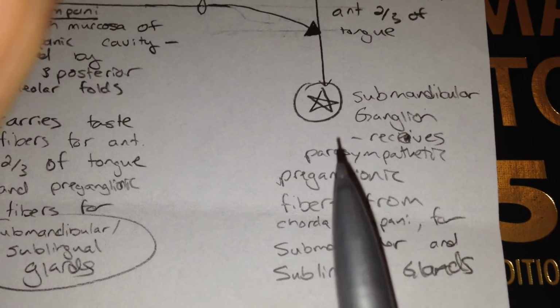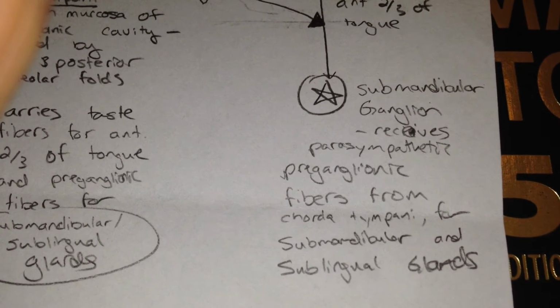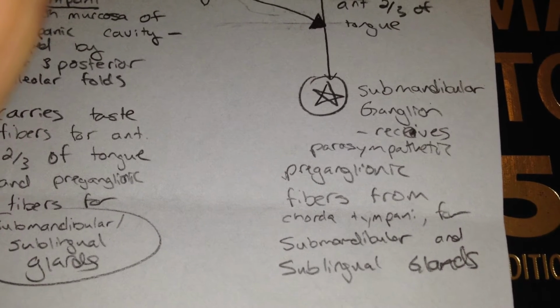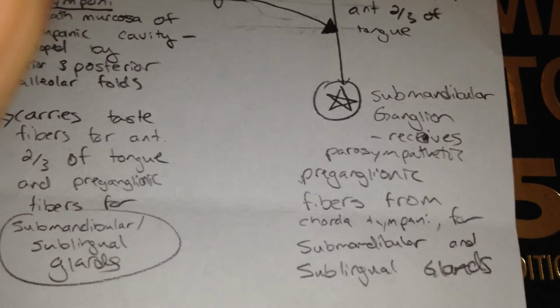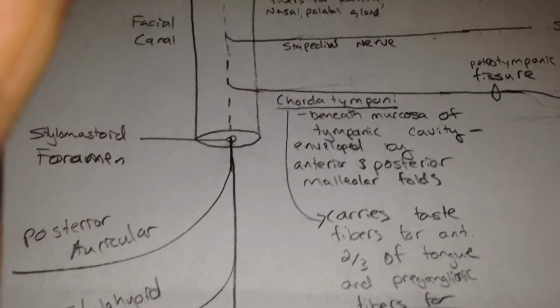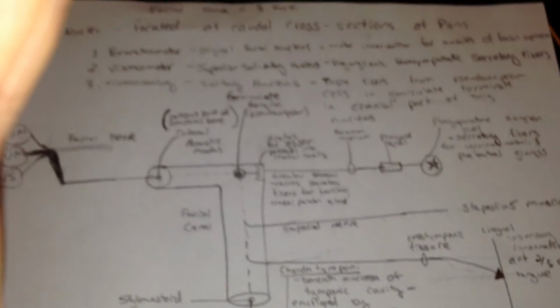The submandibular ganglion is going to receive the parasympathetic preganglionic fibers from the chorda tympani for the submandibular and the sublingual glands. And that pretty much is the facial nerve.